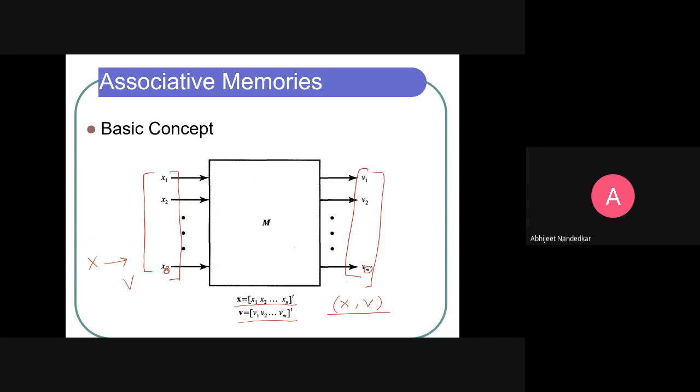So this is my pair. If I supply you x1, you will throw out v1. If I supply you say x2, you will throw out v2. So such kind of pairs I want to remember. Now what the application of that is we will see subsequently, but the concept is, say x1 is input, v1 is output, x2 is input, then v2 is output.